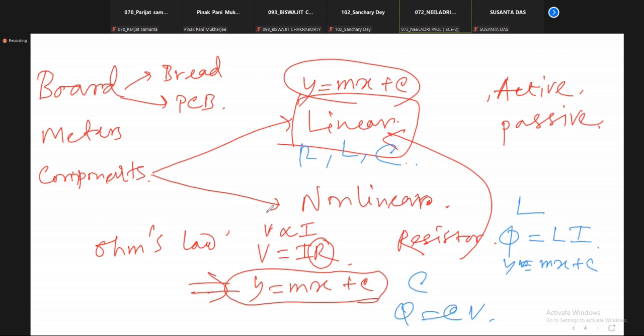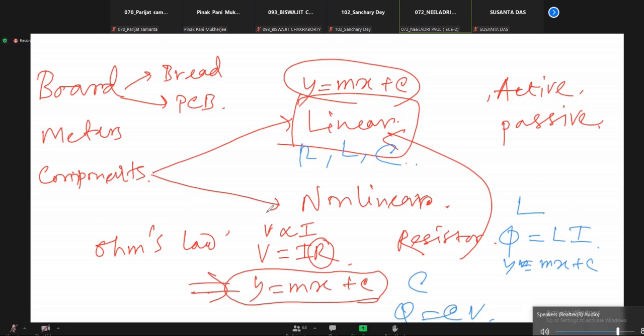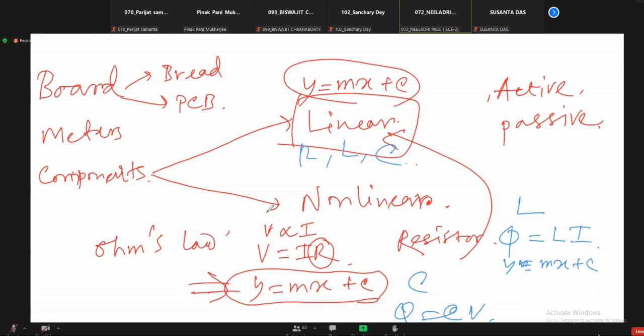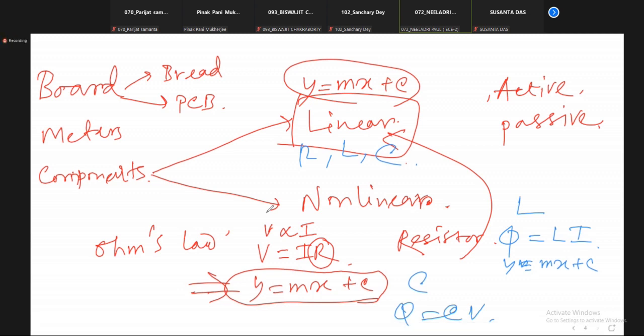Is it linear or non-linear? Suppose beyond that point it is constant, and before that point it is linear, then what will it be? Non-linear circuit element, because a linear circuit element curve is like this.